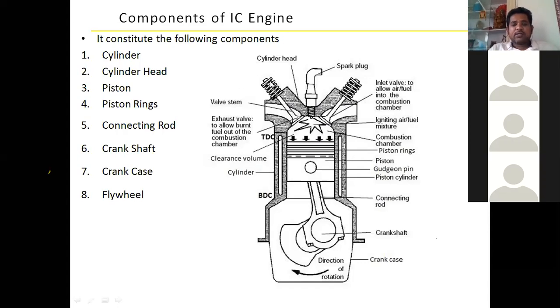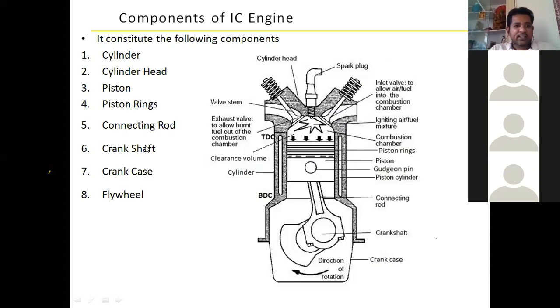When the inlet valve opens, the fuel and air are inducted into the cylinder while the exhaust valve remains closed. Similarly, once it completes the cycle, the inlet valve is closed, and the exhaust gases are liberated to the atmosphere with the help of the exit valve. Is it clear, friends? So this is the inlet valve and exhaust valve. There are two types of valve we use.